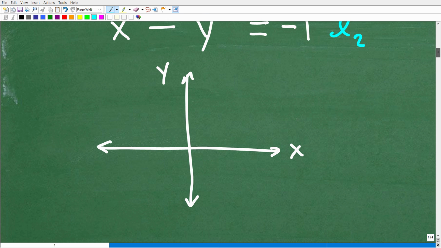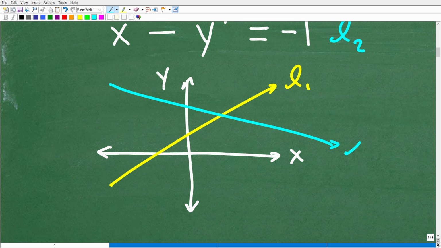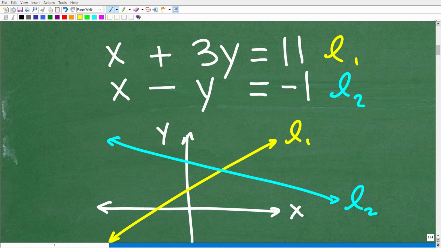Now, if you're trying to solve a system, we're looking at one line and then another line. I'm trying not to make this too confusing, but this is very important conceptually to understand what's going on here. So let's suppose that I was to graph this linear equation and this linear equation.